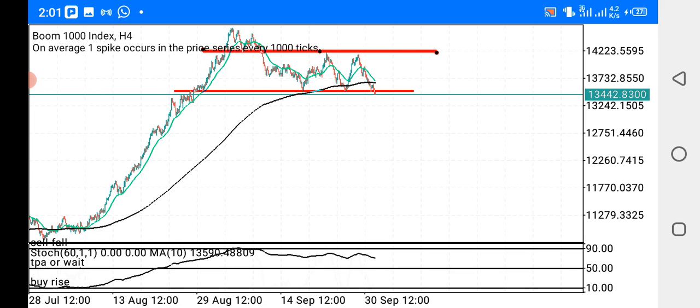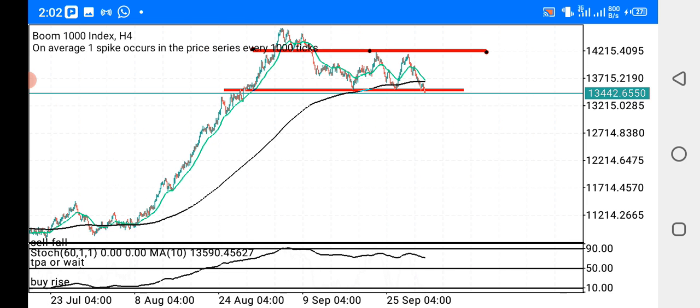Yeah, that is a monthly imbalance in demand and supply on the boom and crash market. I'm sorry, Boom 1000 market. Okay, I'm going to make it clear. You see, actually that was a bull market for a couple of months.